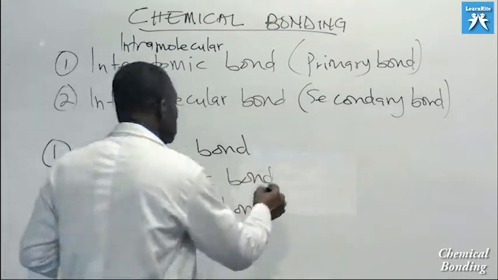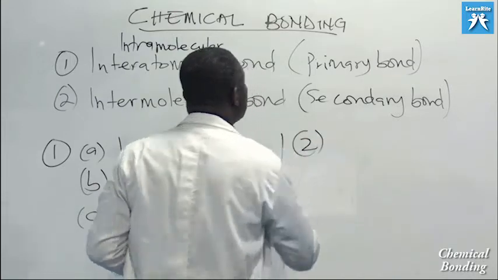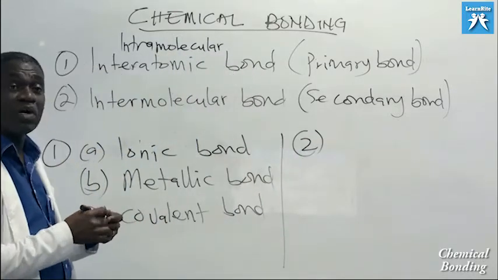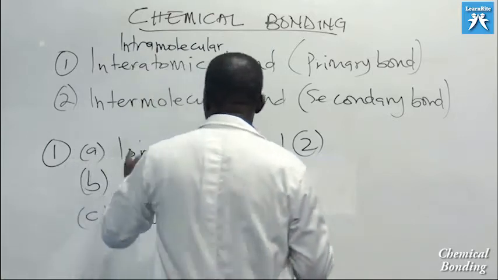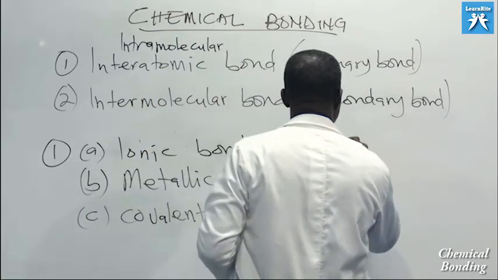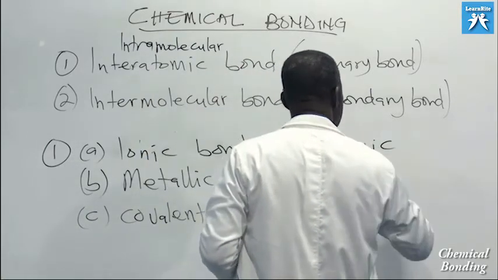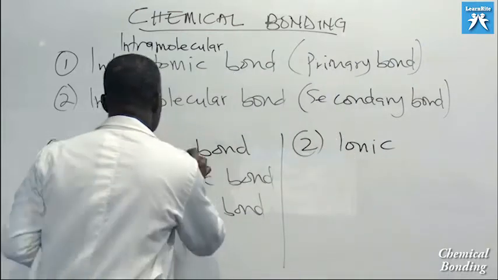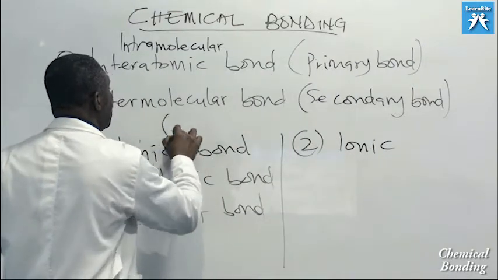If you come to two, that is, secondary bonds, the intermolecular bonds, of course, we have again some being ionic. The other name for ionic is electrovalent.